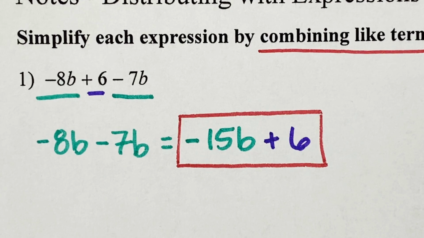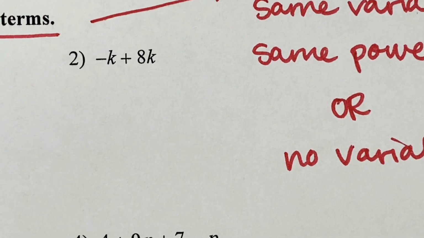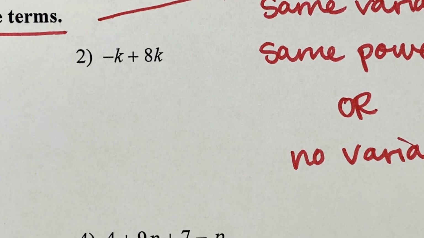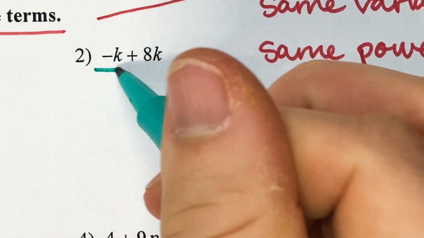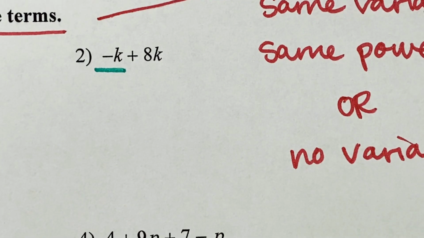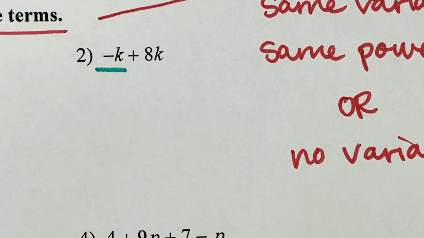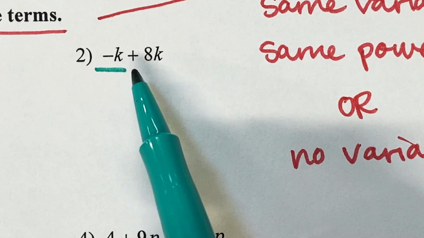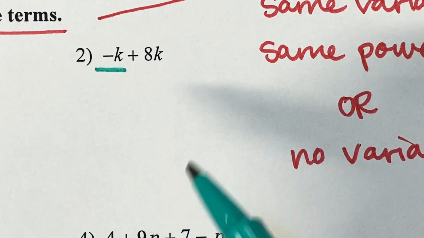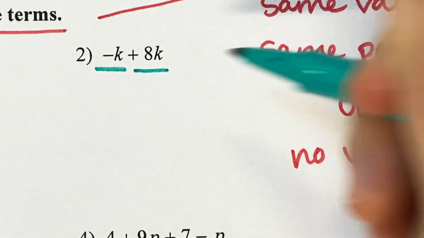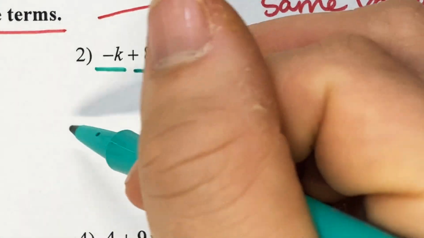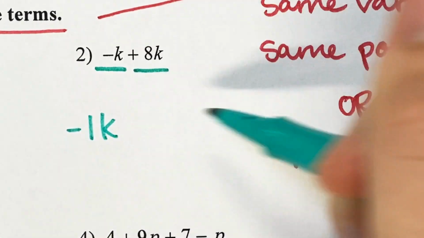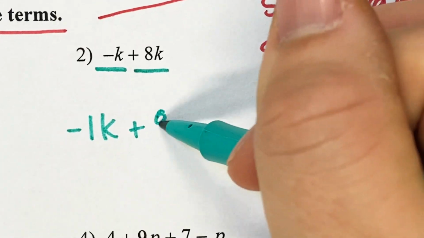Okay, let's look at number 2. If you don't know where to begin, look at your first term. My first term in number 2 is this negative k, or negative 1k. So we are looking for another term with the k. In this case, we only have 2 terms, and yes, that 8 does have the k. So these are like terms. This is like saying negative 1k plus 8k.